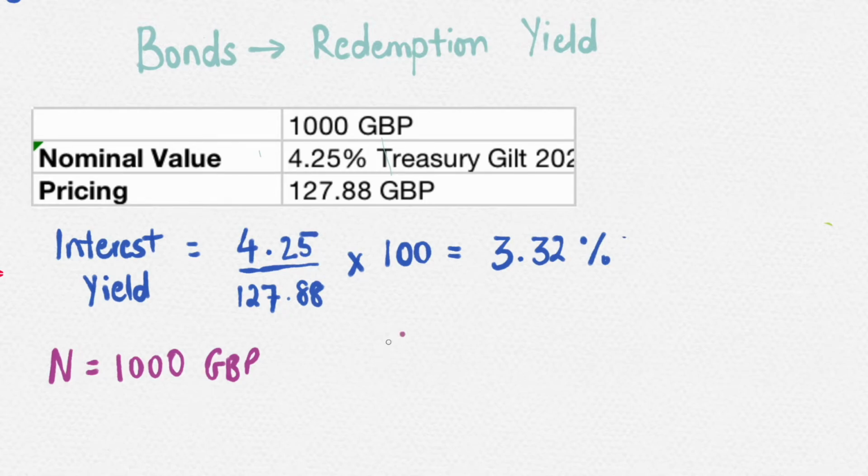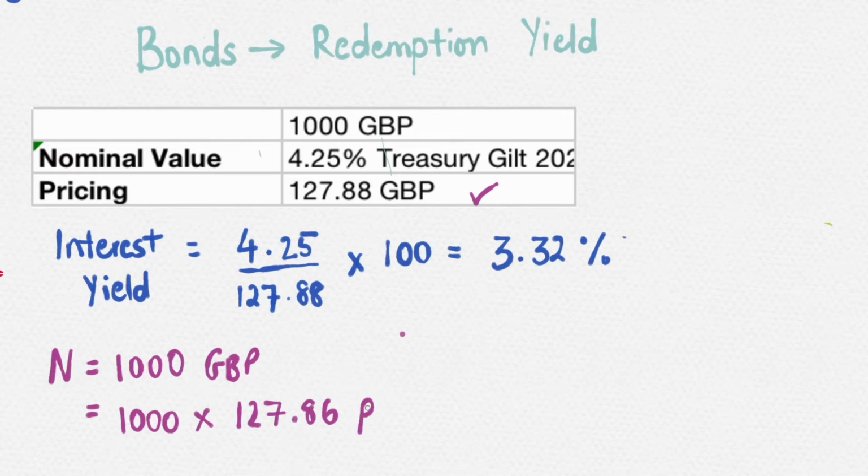So in order to do a quick calculation, you'd go back, so 1000 GBP, you multiply it by the current price, £127.86. Now you have to keep in mind this £127.86 is per nominal of £100.